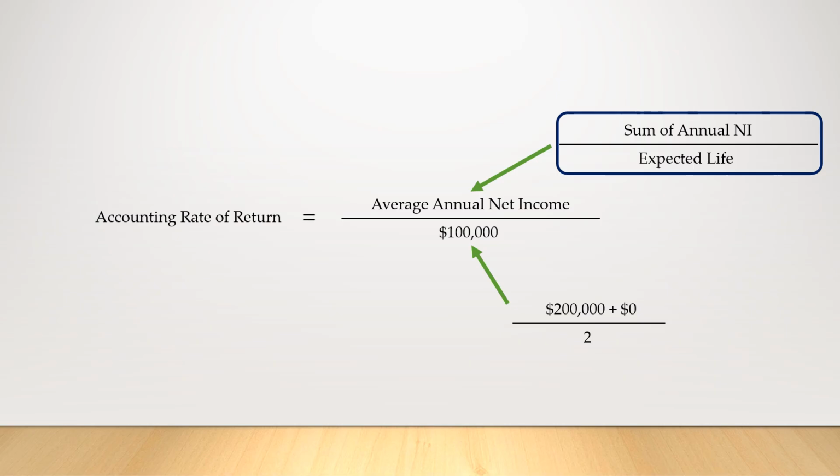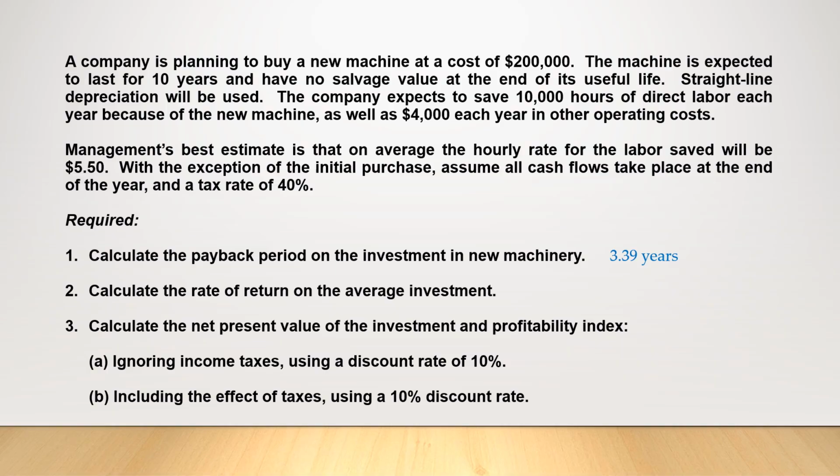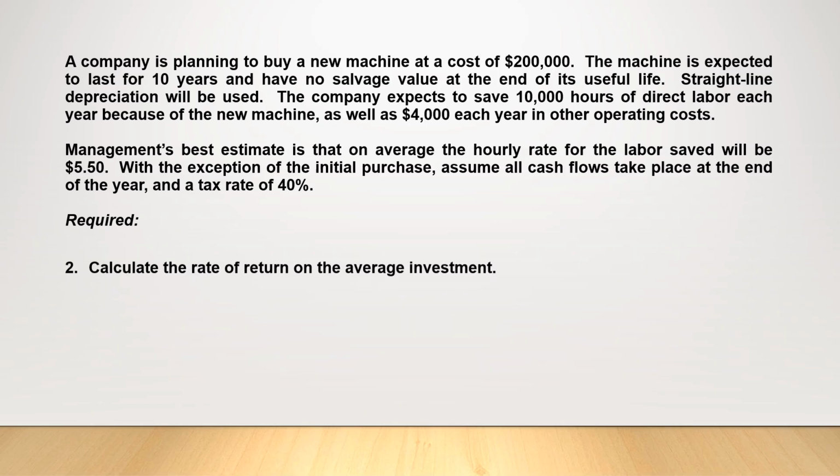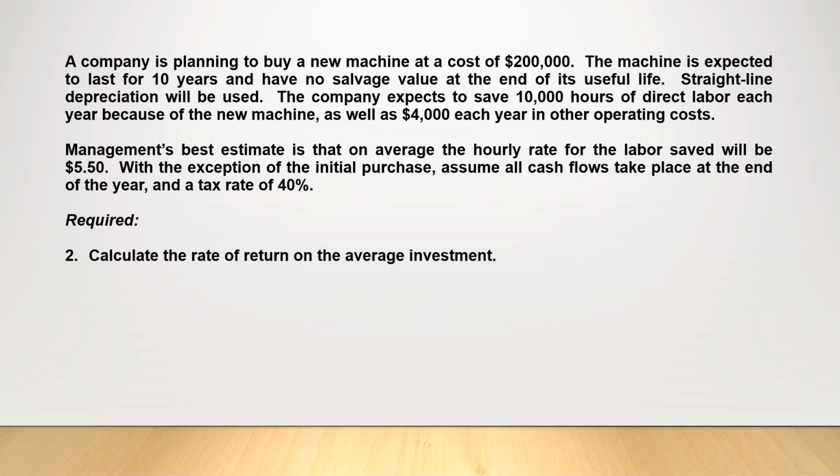Now we can address the average annual net income. Sum the annual net incomes for this investment, then divide by its estimated life. Allow me to clear some space for these calculations. The investment's life is clear, 10 years.